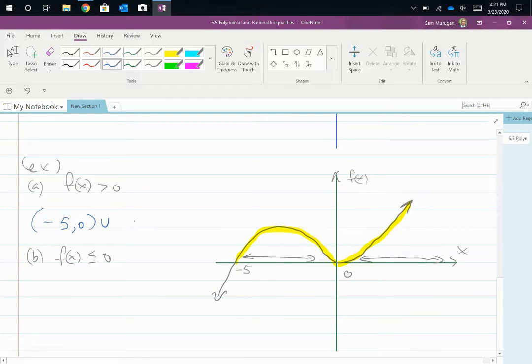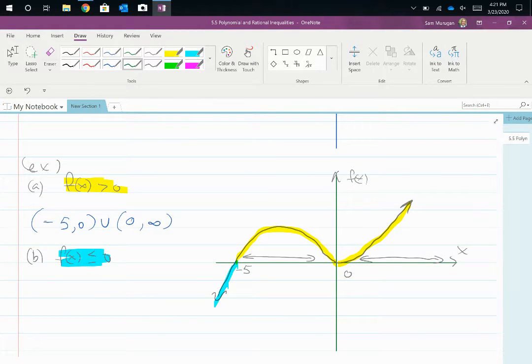Okay, that is for the portions greater than. And then for less than, we're considering this part of the graph, which is from -infinity up to -5.